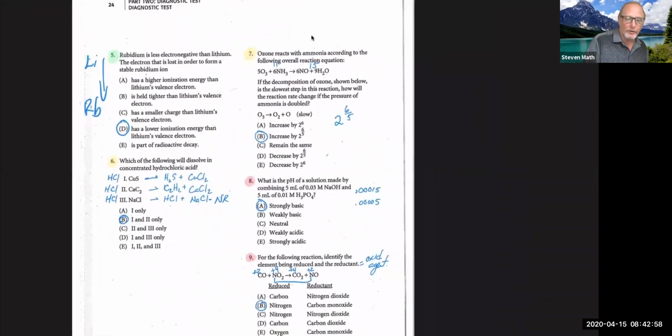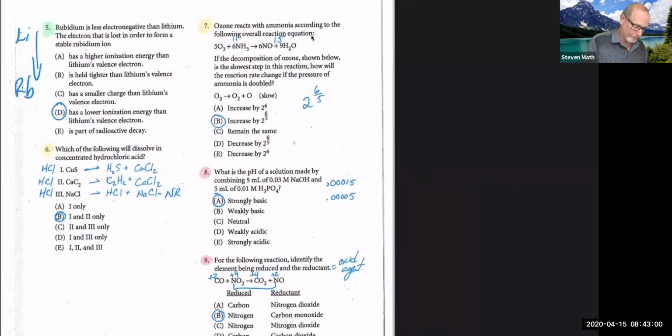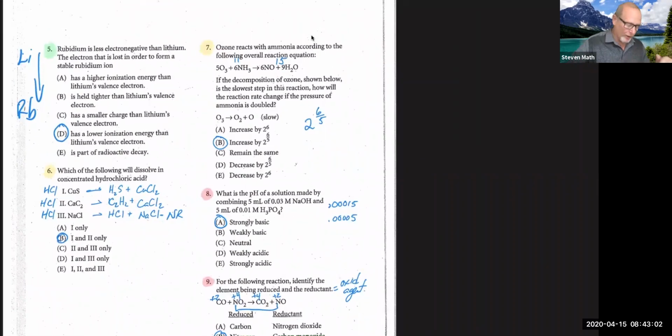7 is another yellow question. And 7 says, according to the overall reaction, what's going to happen? Well, the decomposition, the slow step is the O3. So what's going to happen to the reaction rate if the pressure of the ammonia is doubled? Well, you're still increasing a reactant.